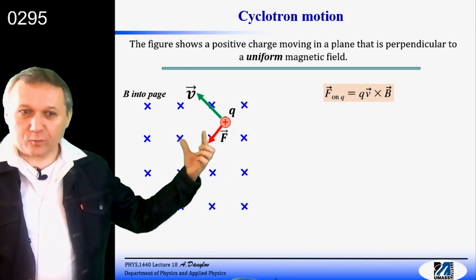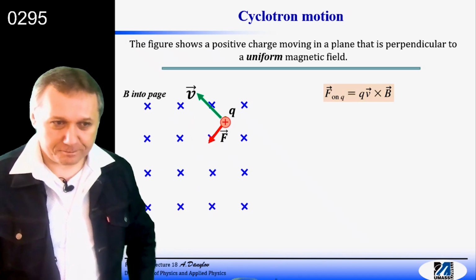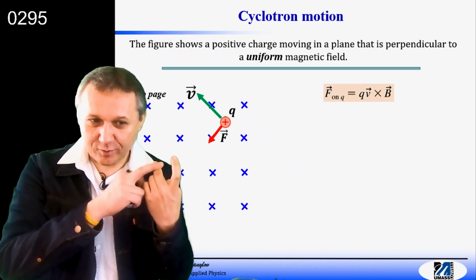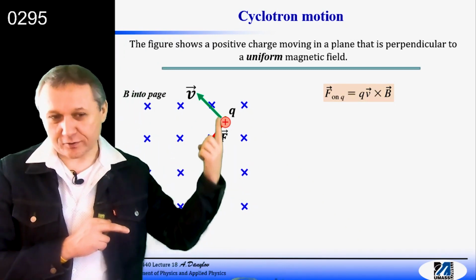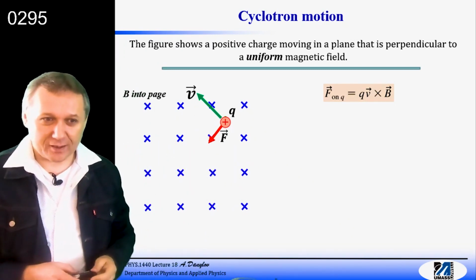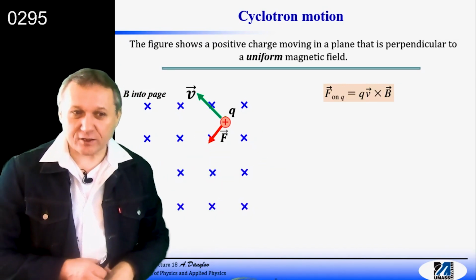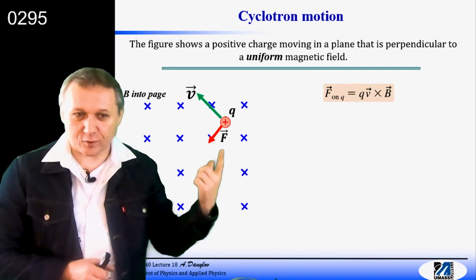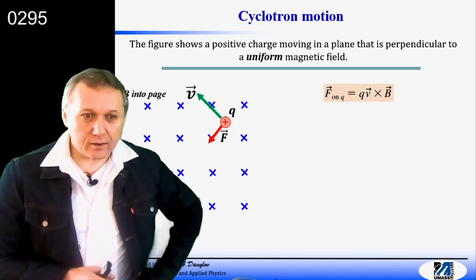So what does this force change in the velocity? Velocity is a vector, and has two parts, magnitude and direction. We have a force which tries to change that velocity. Does it change the magnitude of the velocity?